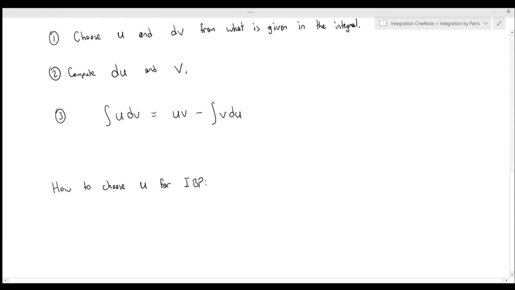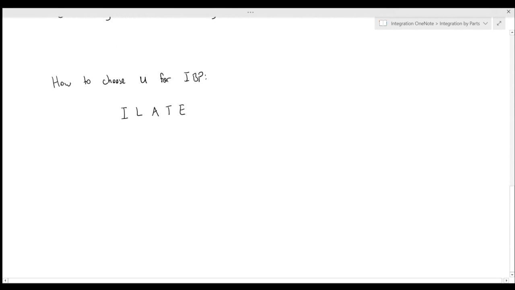Okay. So there's an acronym for determining what to choose for u. So the acronym is ILATE. So the I stands for inverse trig.